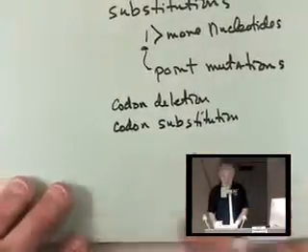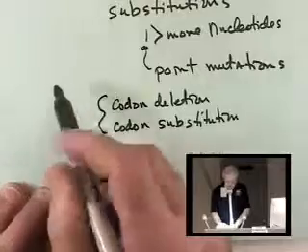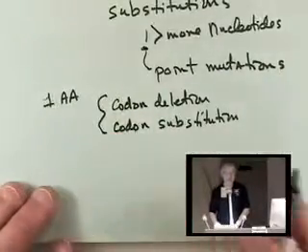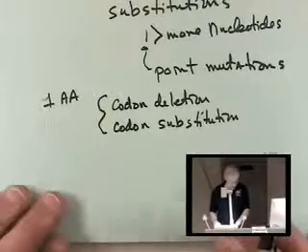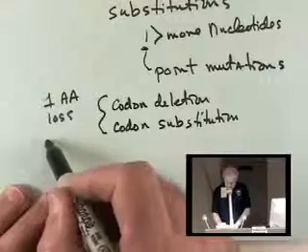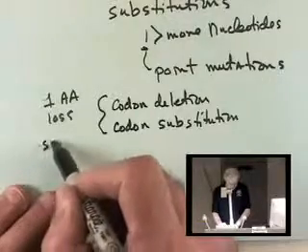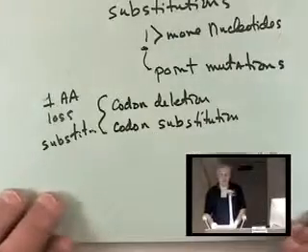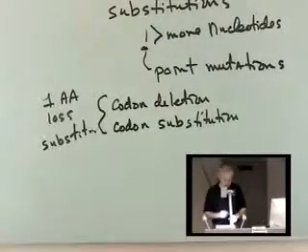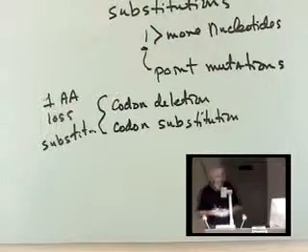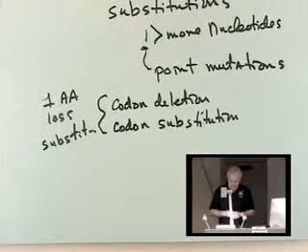Well, what would happen here is it would only affect one amino acid, right? Because it's one codon, and it would be either a loss with the deletion or a substitution for a codon substitution. So we know that with sickle cell disorder, it can have a big impact due to pleiotropy.